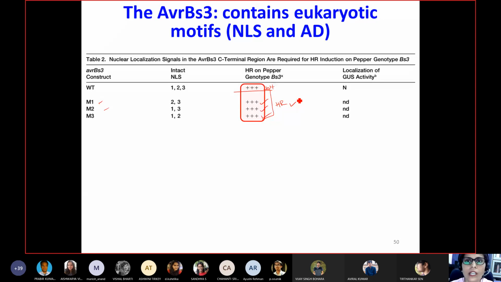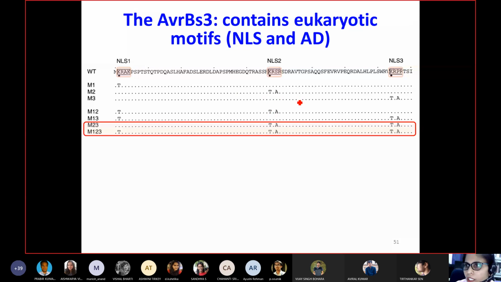Then they started doing combinations of mutations where they used NLS1 mutant together with NLS2 mutant. Here they took NLS1 mutant together with NLS3 mutant, and here they took 2 and 3, and here they took all three mutants 1, 2 and 3, and then they checked again how the hypersensitive response was behaving.